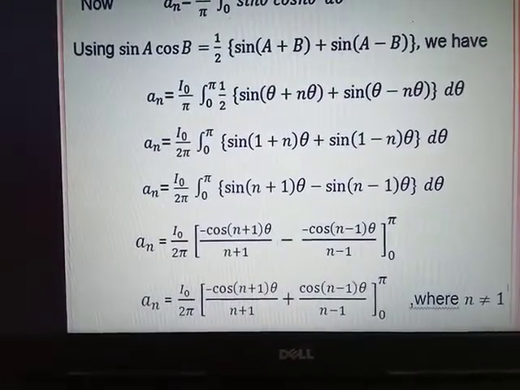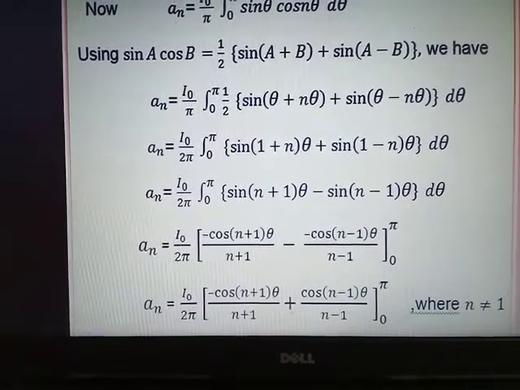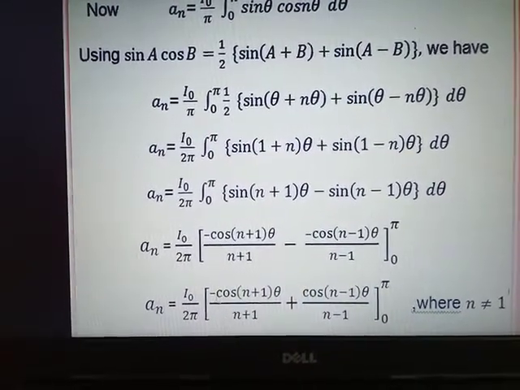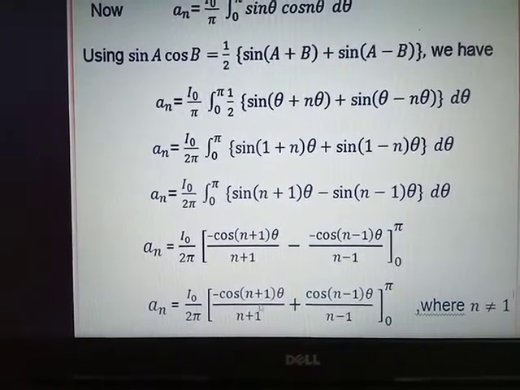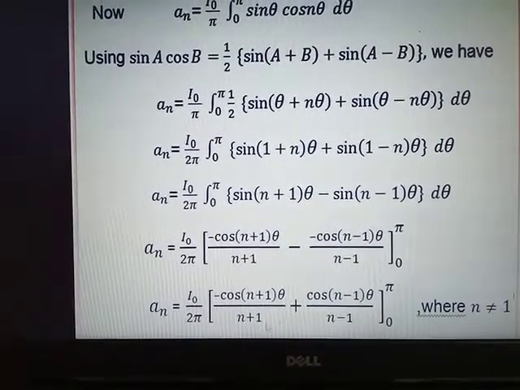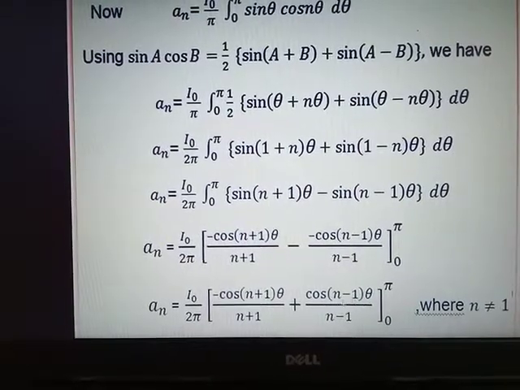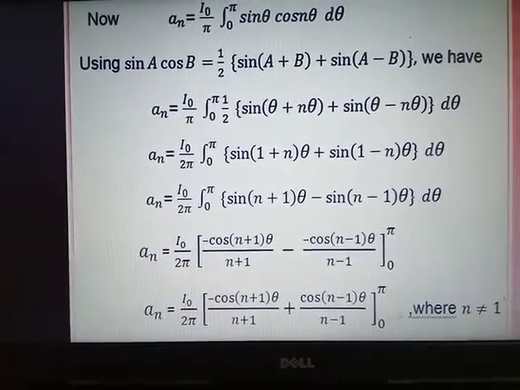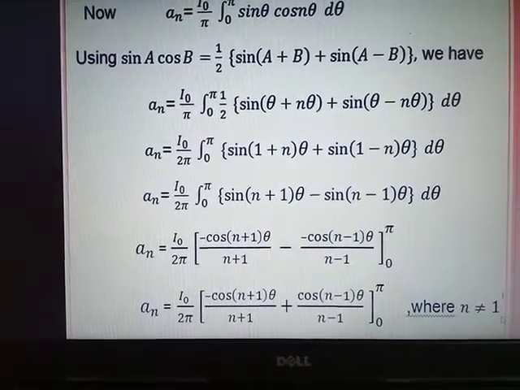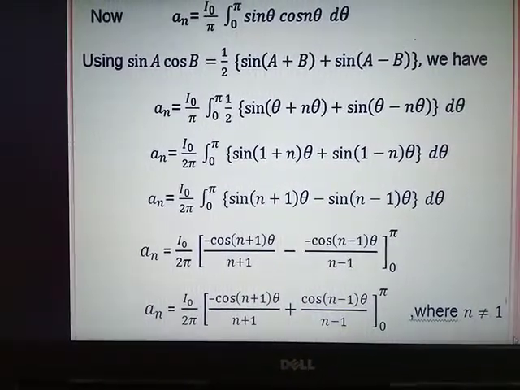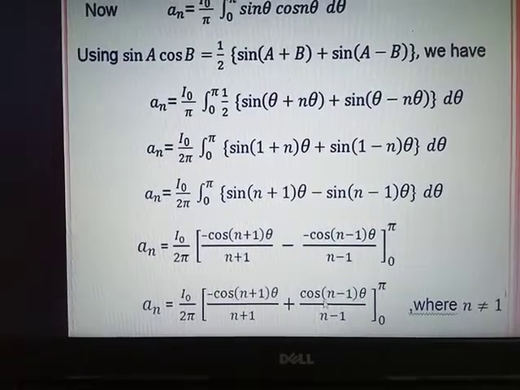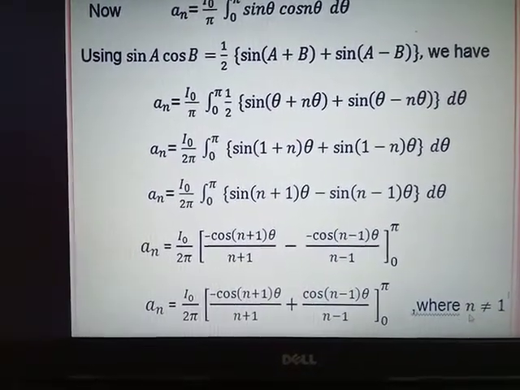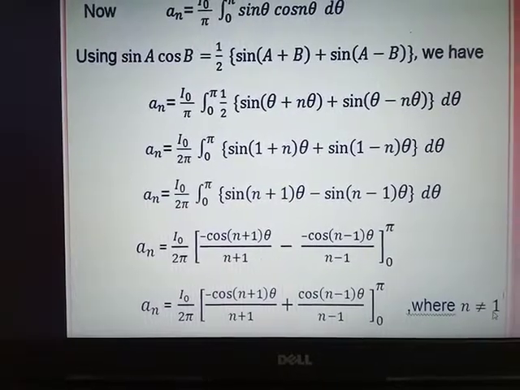Minus into minus is plus, therefore an is equal to I naught by 2 pi, minus cos n plus 1 theta divided by n plus 1 plus cos of n minus 1 into theta divided by n minus 1, limits from 0 to pi, where n is not equal to 1. This result is for n not equal to 1. When n is equal to 1, it will be infinity, so n must not be equal to 1.